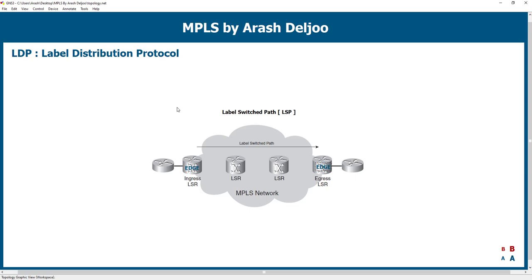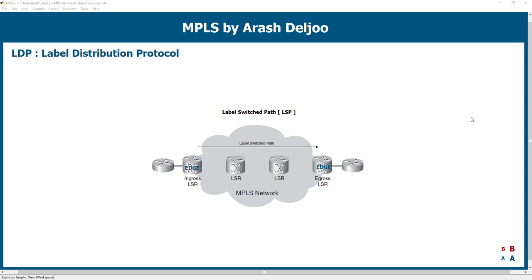This means that the path including the ingress LSR, the core LSRs, and the egress LSR is a label switched path.